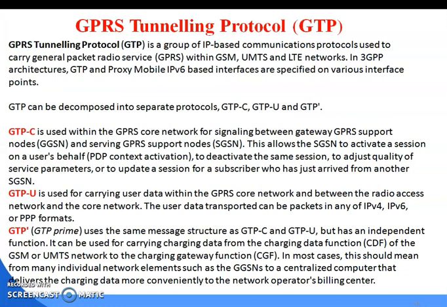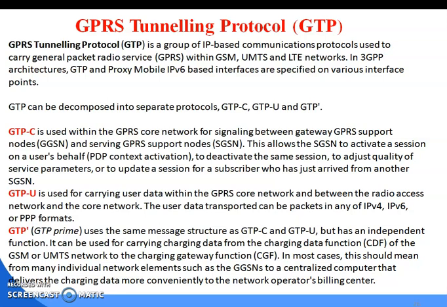Next is your GPRS Tunneling Protocol, GTP. GTP is a group of IP-based communication protocols used to carry general packet radio service, GPRS, within GSM, UMTS and LTE networks. In 3GPP architecture, GTP and Proxy Mobile IP-based interfaces are specified on various interface points.